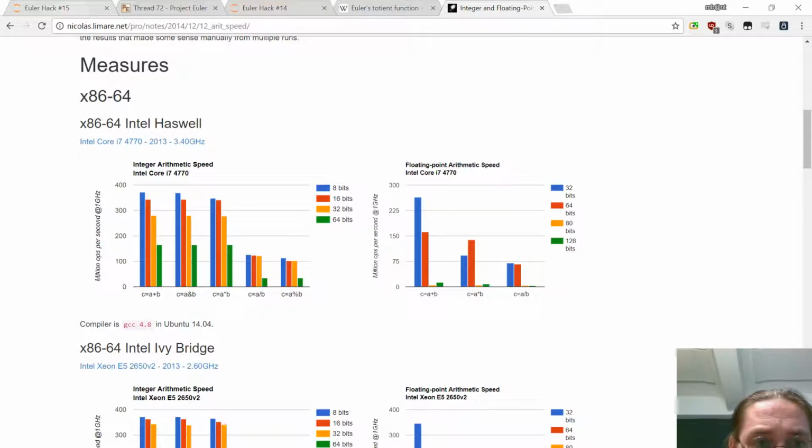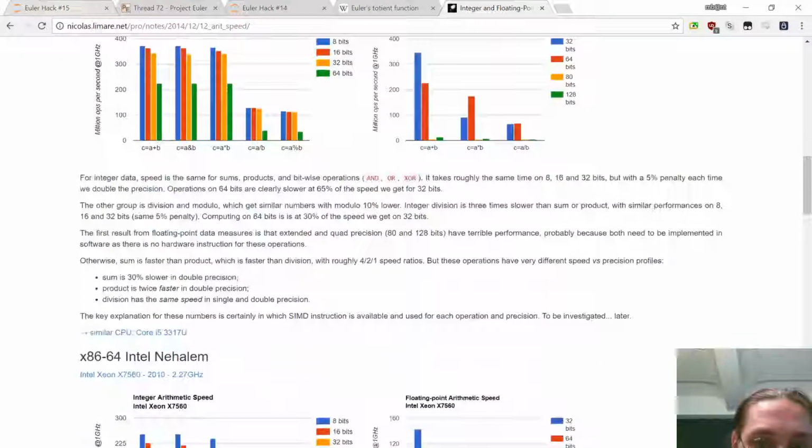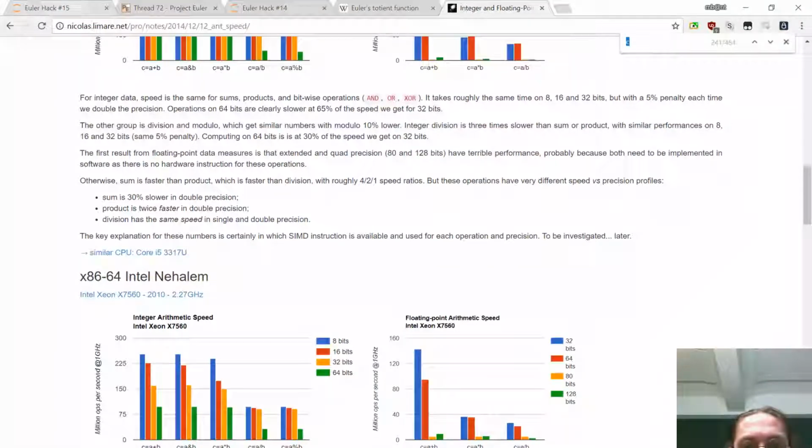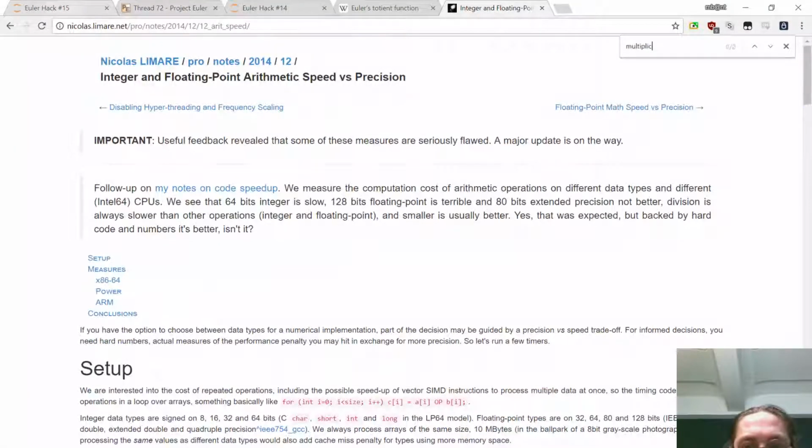Floating point arithmetic speed. Division is always slower, so even in floating point it's slower.